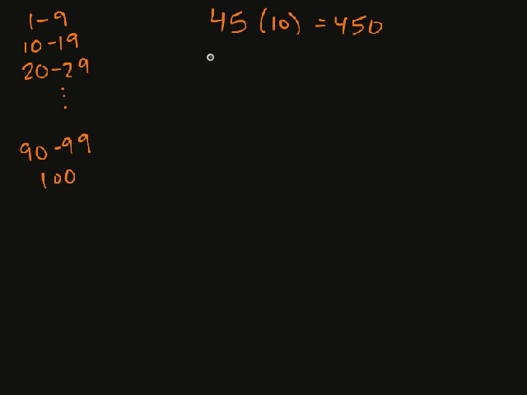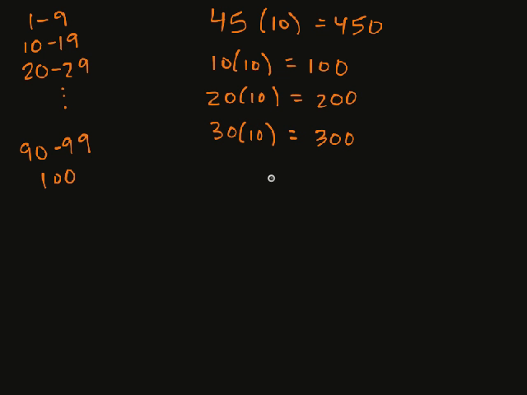Then I'm going to have 10 ten times. I'm going to have 20 ten times. 30 ten times. And so forth, up to 90 ten times. Plus 100, plus the number 100.